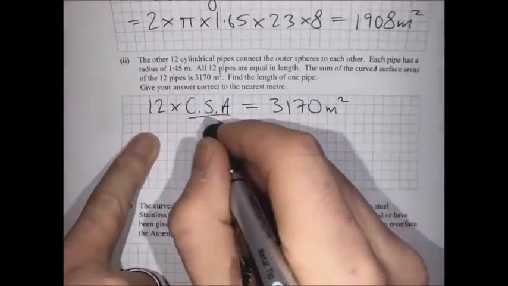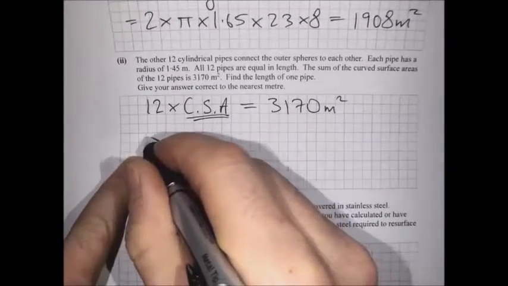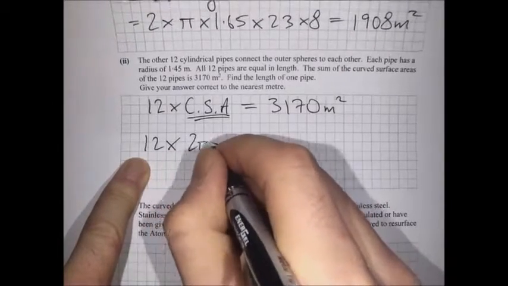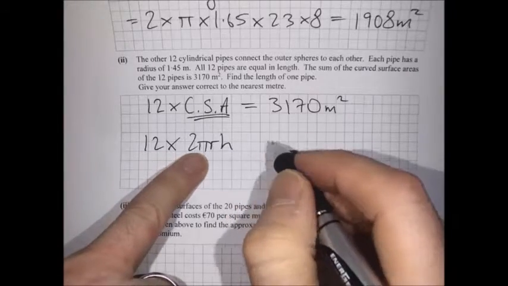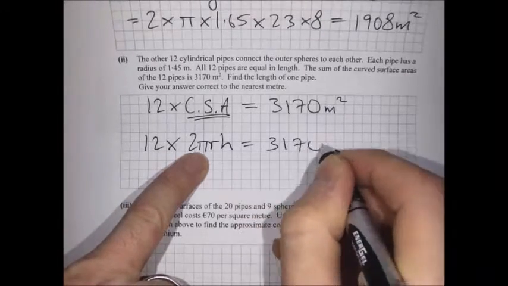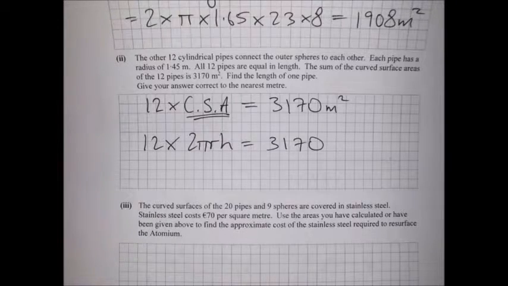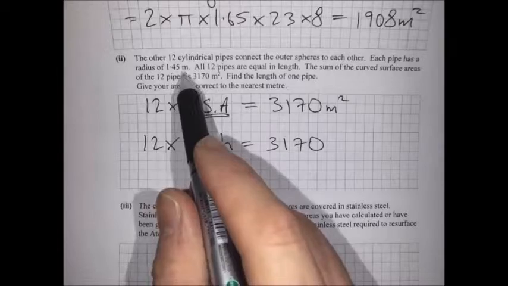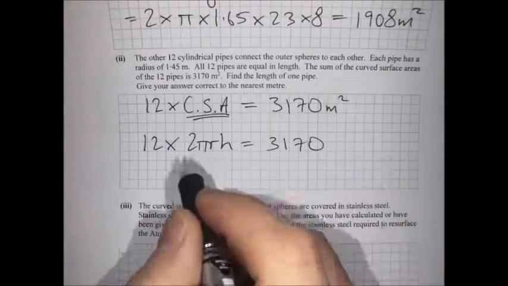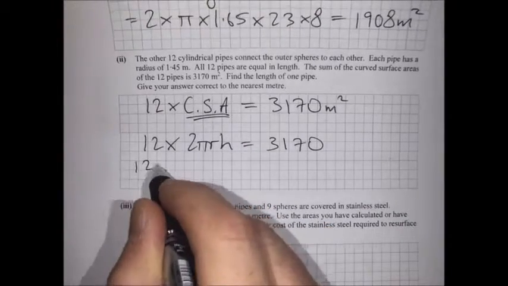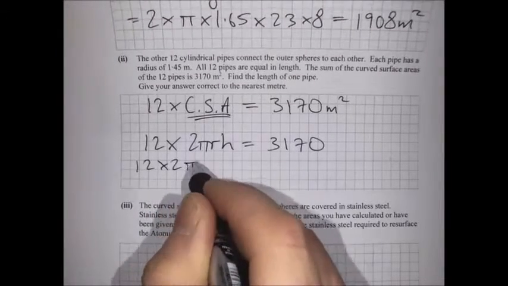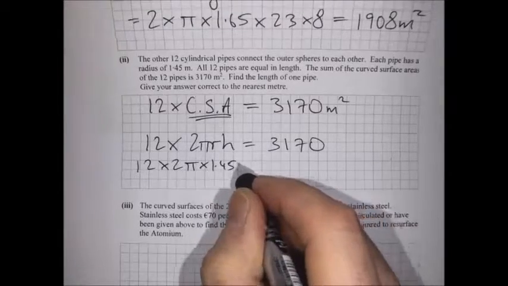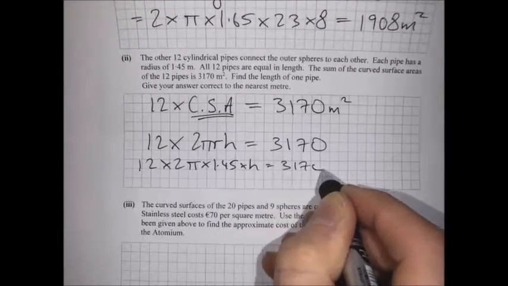Now the formula for one pipe for the curved surface area we've seen above, the formula was 2 pi RH. So 12 times 2 pi RH equals 3170. We know what pi is, we know what R is. It's 1.45 in this question, so we can say that 12 multiplied by 2 times pi times 1.45 multiplied by h equals 3170.